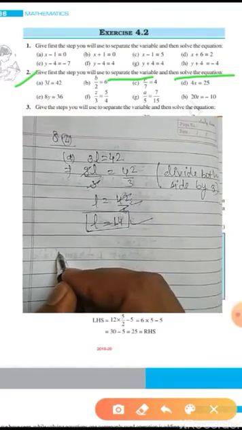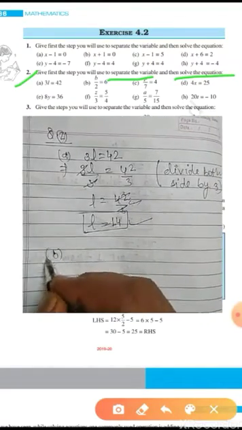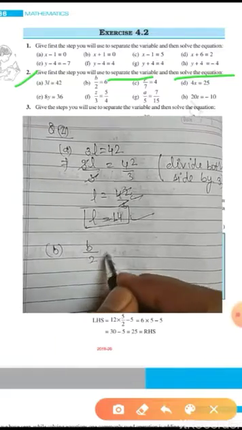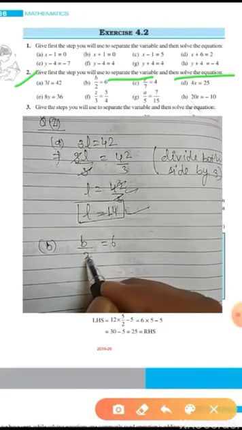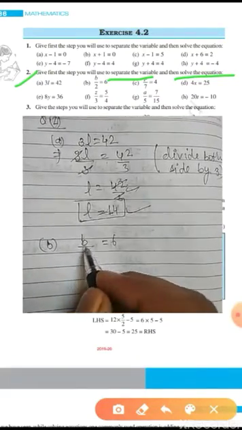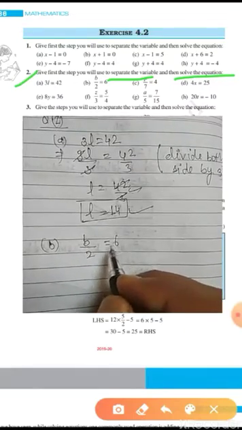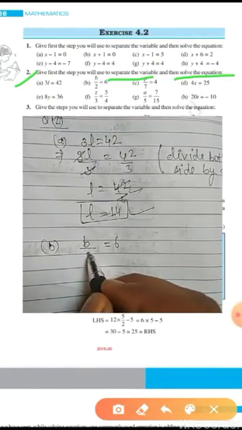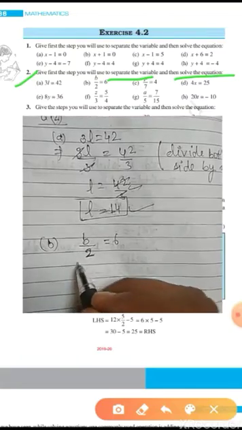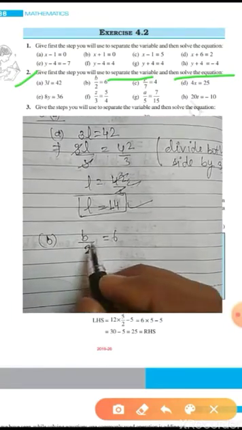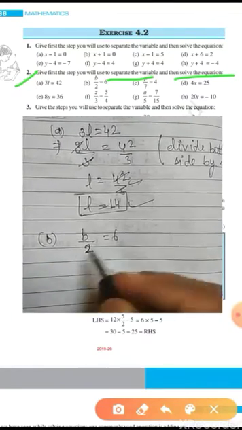Now b by 2 is equal to 6. Here b is divided by 2, equal to 6. So here 2 is a divisor. So if we multiply by 2 on both sides, this 2 and this 2 cancel.